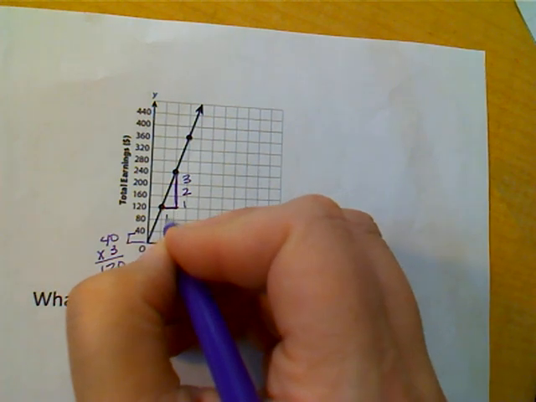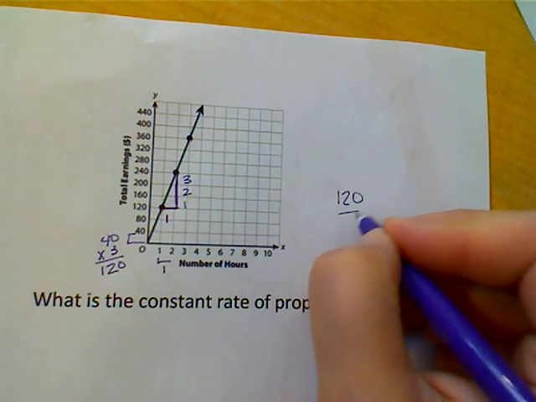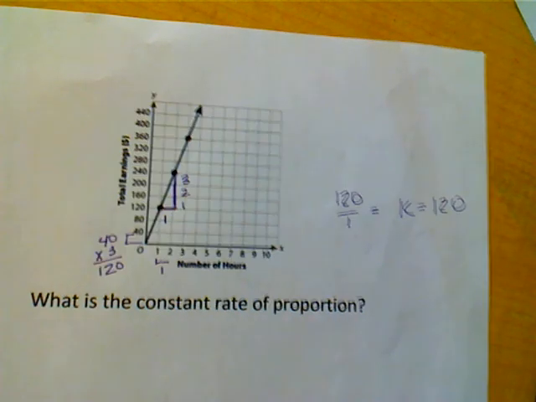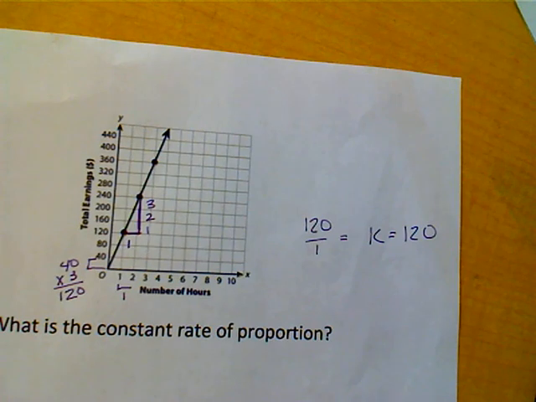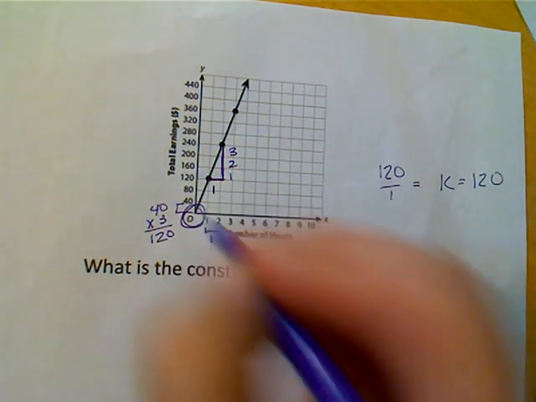I went over 1 block. Each one of these is 1. So it's 120 over 1. So my constant is 120. The other thing that helps us know it's a constant is that it actually went through 0. All right, give me that last page, and I think we covered it all.